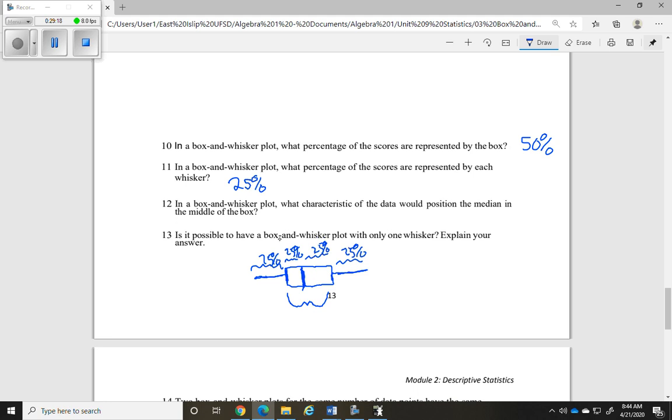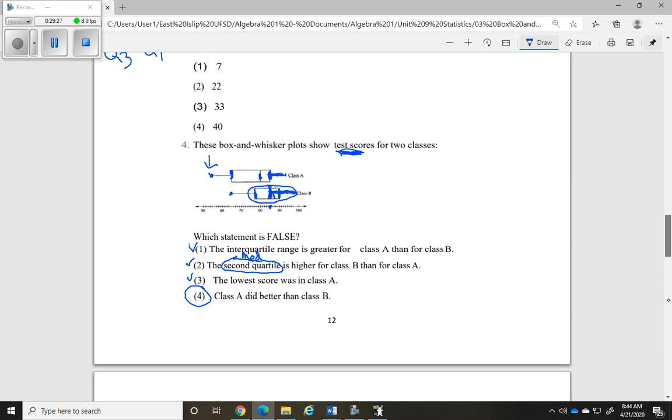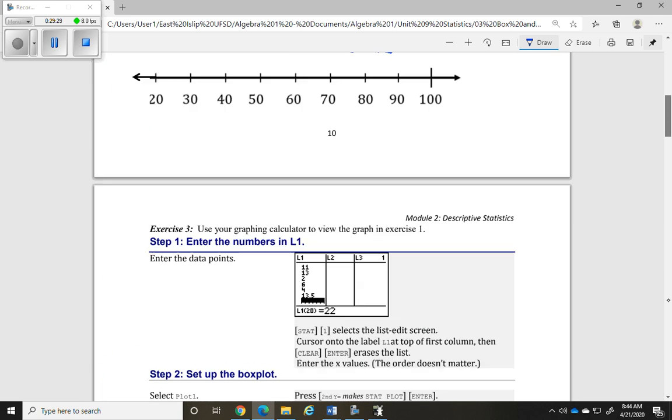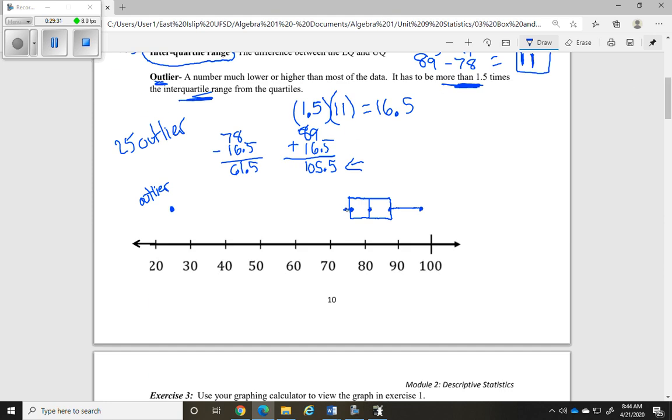Is it possible to have a box and whisker plot with only one whisker? And that is true. It almost happened on this question, right? This number was just one lower than the lower quartile.